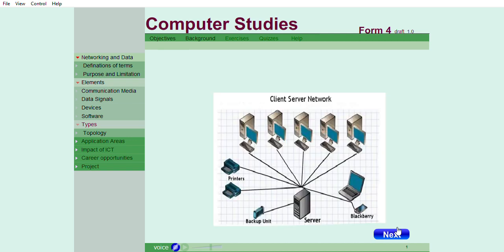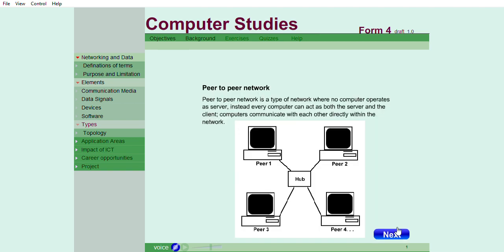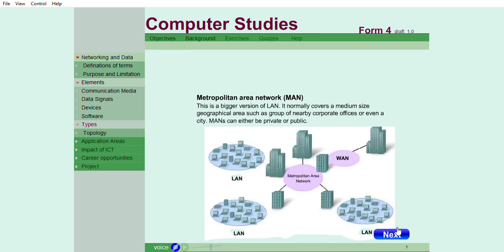The server is a computer that runs the networking software that allows resources and information to be shared within the network. Peer-to-peer network is a type of network where no computer operates as a server. Instead, every computer can act as both the server and the client. Computers communicate with each other directly within the network.